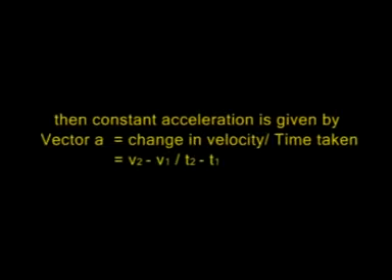Let vector v1 and vector v2 be the velocities of the object at instants t1 and t2 respectively. Then, constant acceleration is given by vector a is equal to change in velocity by time taken, which is equal to (v2 minus v1) by (t2 minus t1). This value of acceleration is the same for all values of t1 and t2.